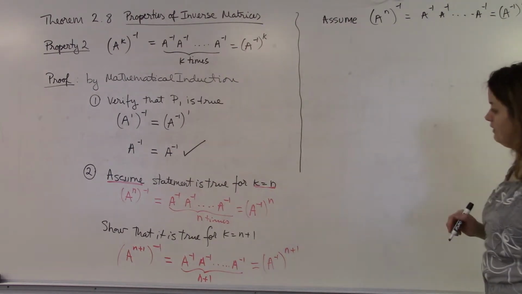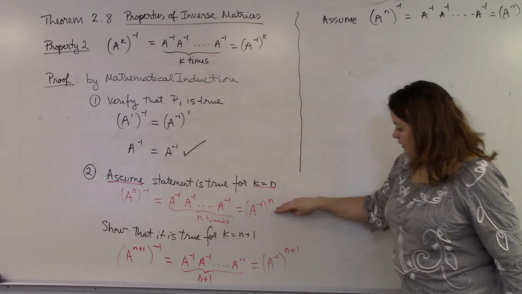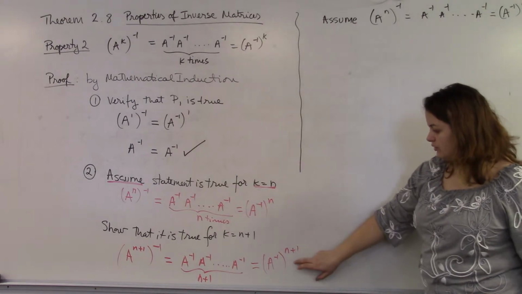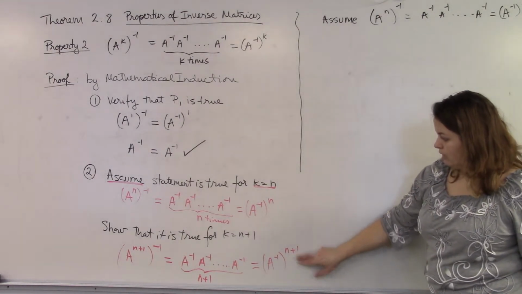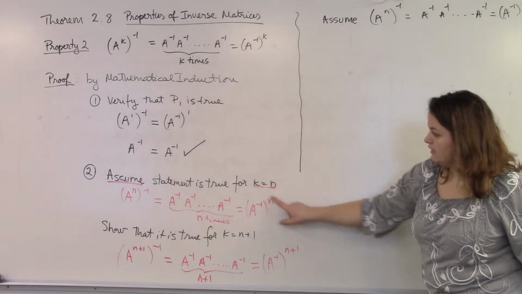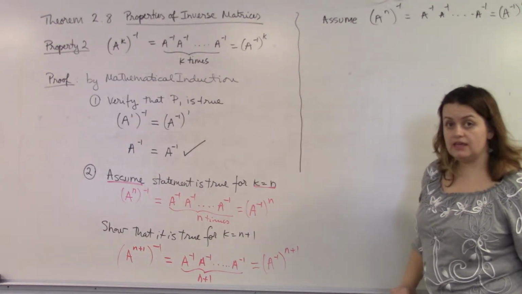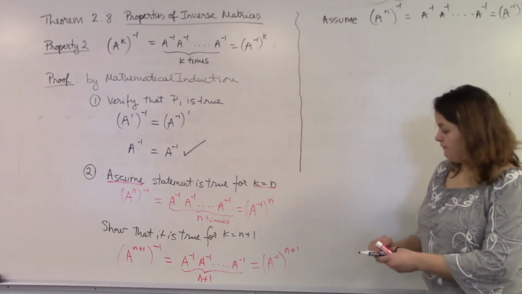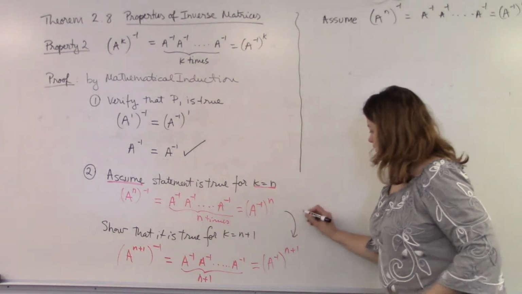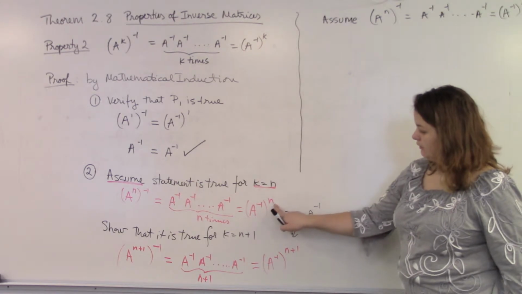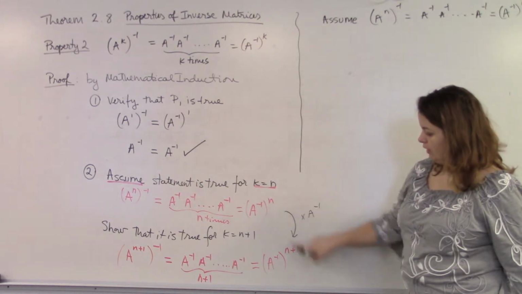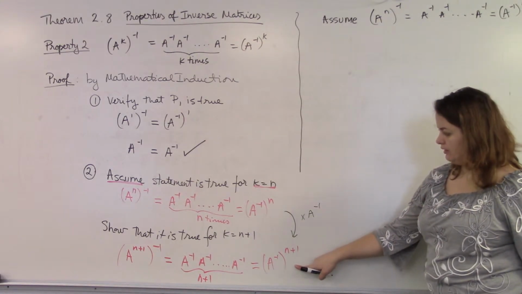We're assuming this. Now, in order to get from here to here on the right-hand side, all I have to do is multiply the right-hand side by A inverse. If I multiply by A inverse, the exponent goes up by 1, and I end up with this.